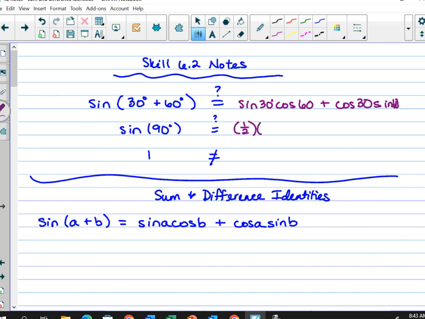What's the cosine of 60? What's the cosine of 30? What's the sine of 60? So that's 1/4 plus 3/4, which is 1. Okay. Just to show you an example with ones that you know. We're going to do a bunch of examples with it, but that's how you use it.